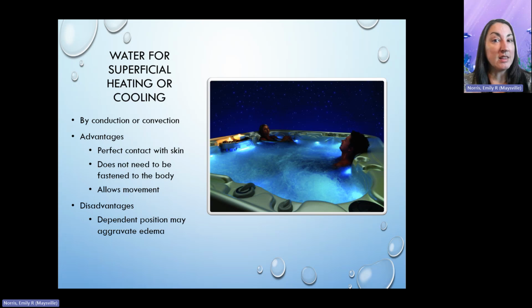You can move in the water, and so you're getting maybe the thermal benefits and the movement at the same time. Some of the disadvantages is that if it's too warm of water, it may increase edema. The dependent position could also increase edema, but typically the hydrostatic pressure keeps it from doing that very much. So just keep that in mind.